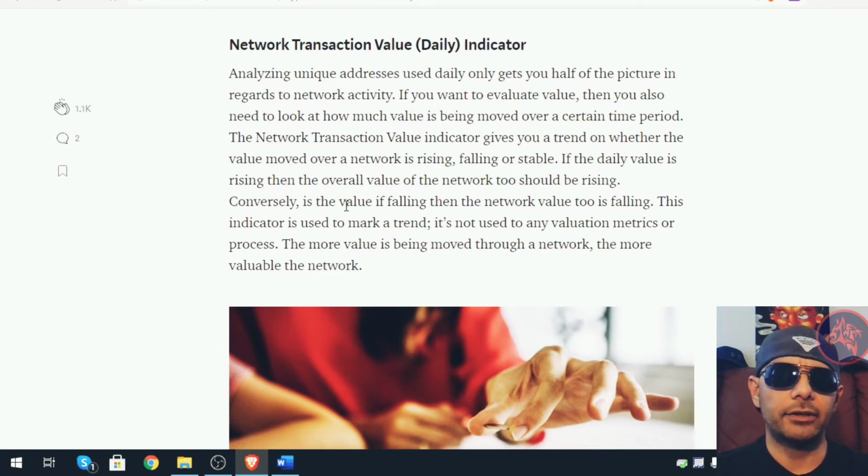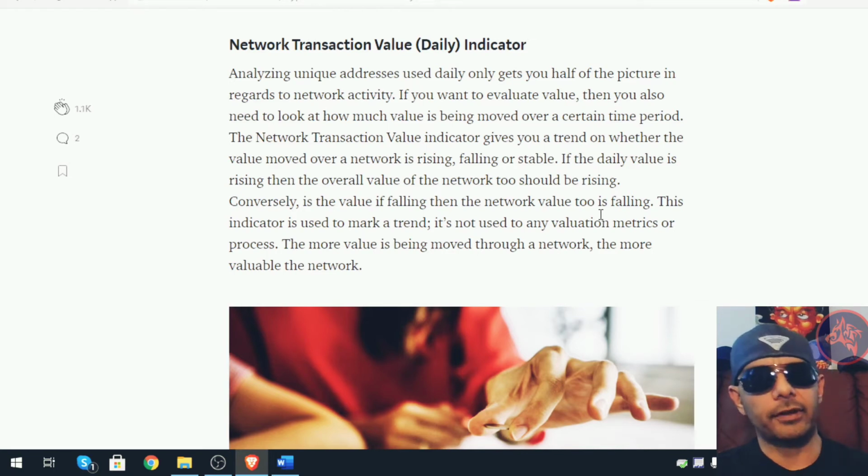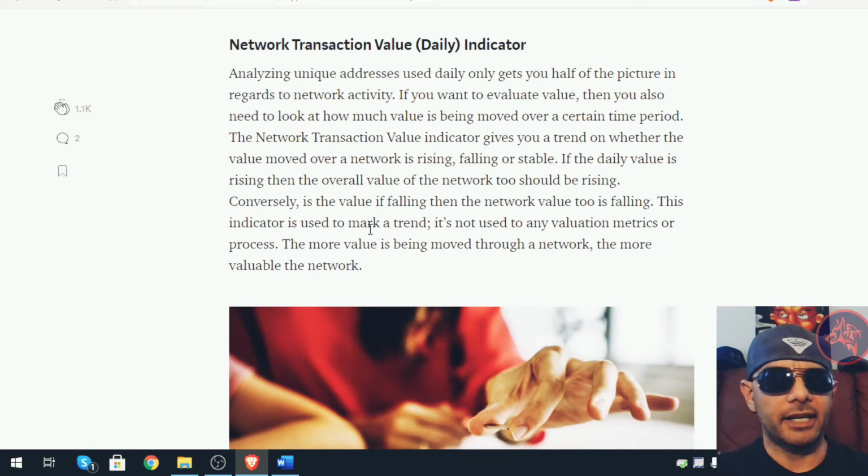Conversely, if the value is falling, then the network value is falling too. So if it goes down, then you should be thinking that the network transactions are going down too, and when transactions go down, everything else trends down with it. It's not used in any valuation metrics or process. The more value being moved through the network, the more valuable the network.